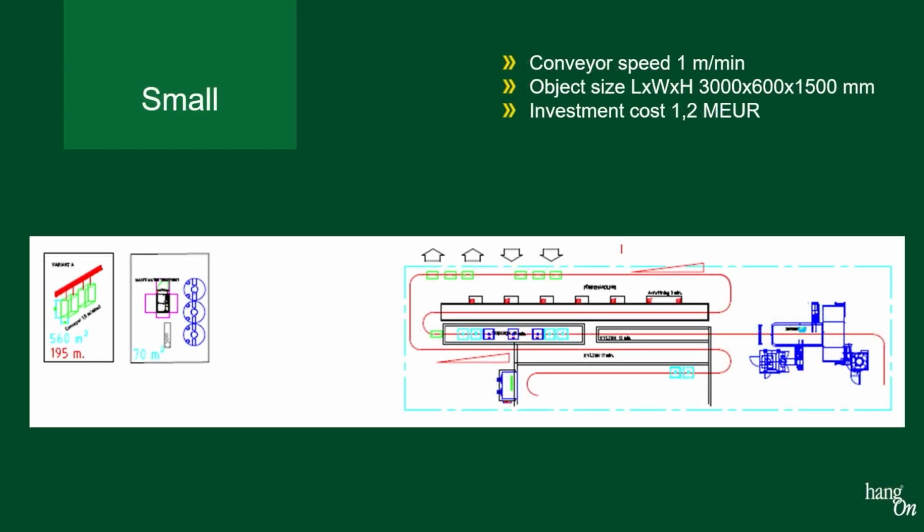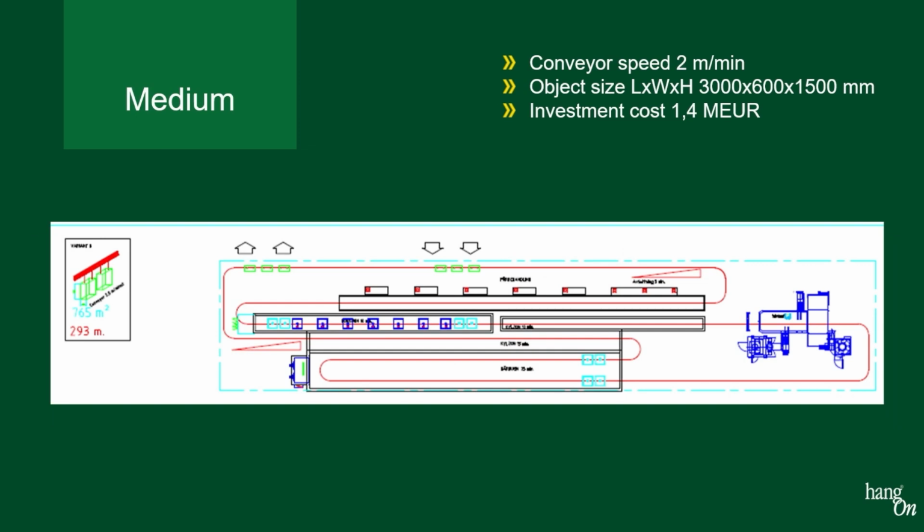The lines are, this is the small line, or actually we can start with the object size. All lines are dimensioned for an object that is 3 meter long, 600 deep, 1.5 meter high. The investment cost of the small line is 1.2 million, and it runs with a conveyor speed of 1 meter per minute.